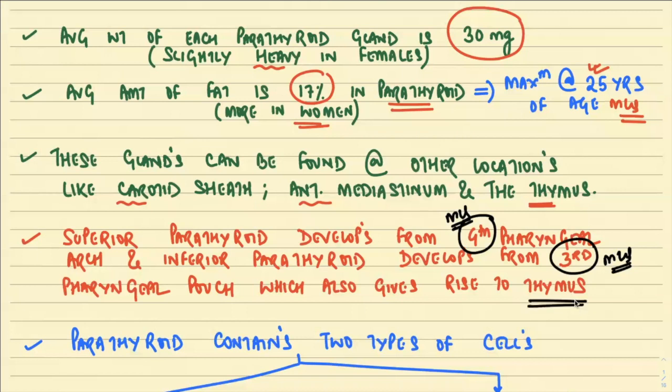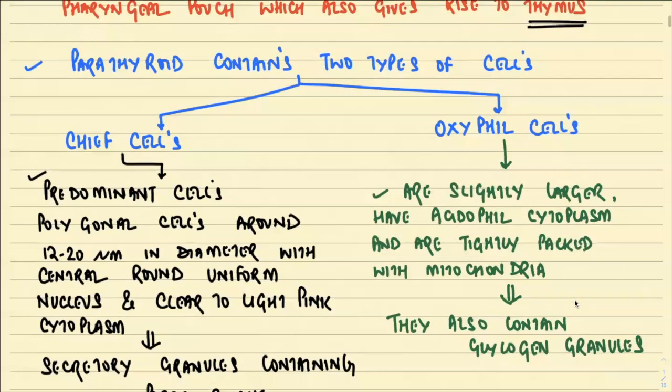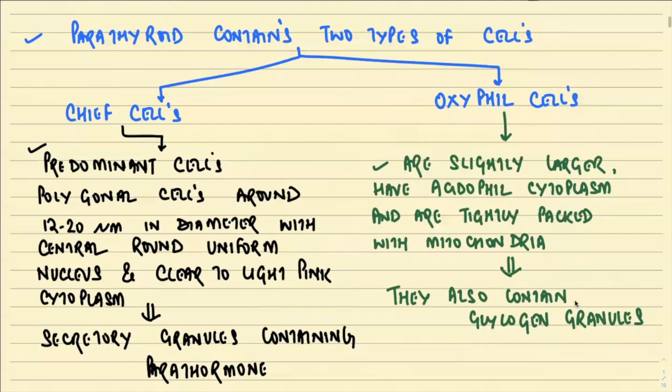Now, very importantly, if you are going through my YouTube community post, if you have gone through the basics of the parathyroid, I have also mentioned that normally the parathyroid has 2 basic types of cells. What are the 2 basic types of cells? One is your chief cells. Another one is your oxyphil cell.